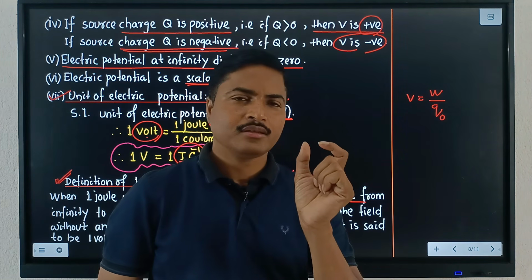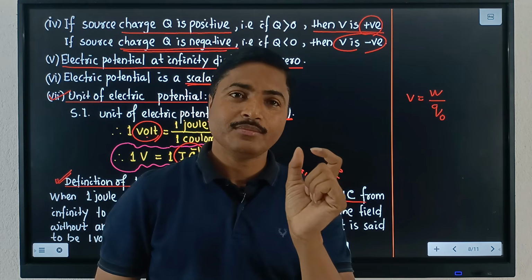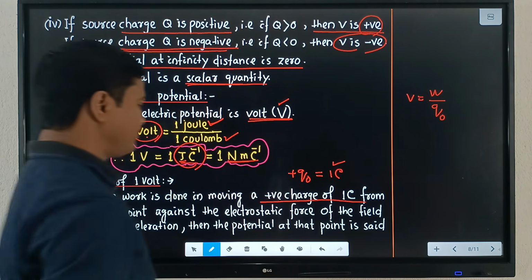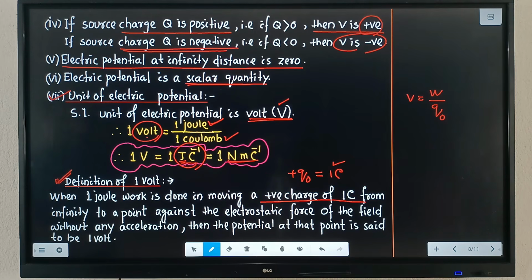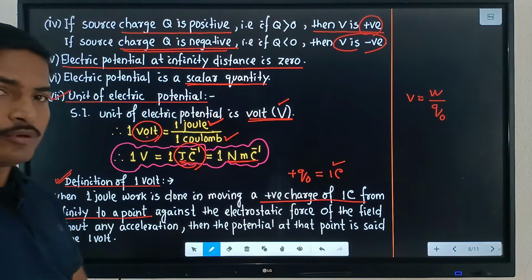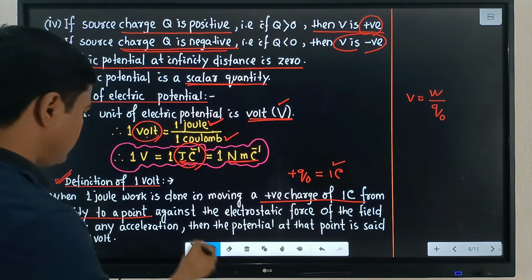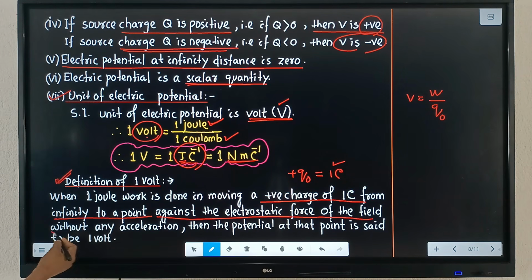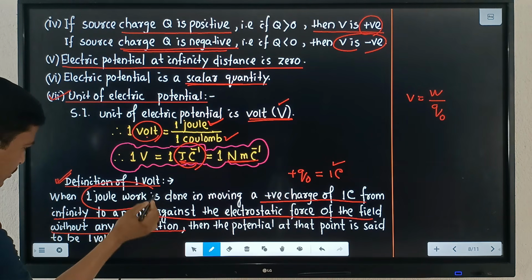The unit positive test charge moves from point infinity to a point, that is the P point, against the electrostatic force of the field without any acceleration. You know that. Then work is done, and that work done is 1 joule.